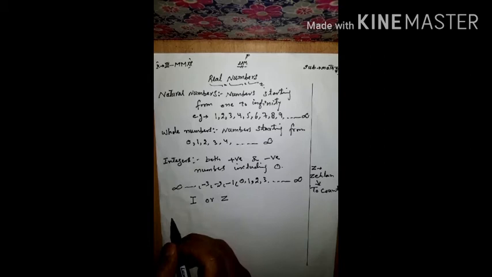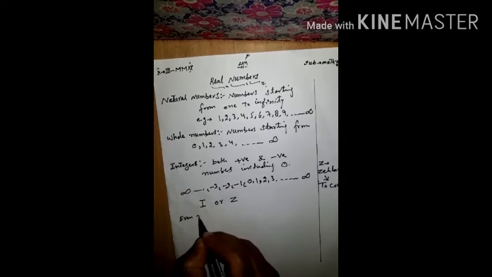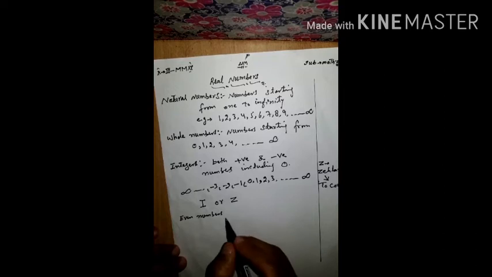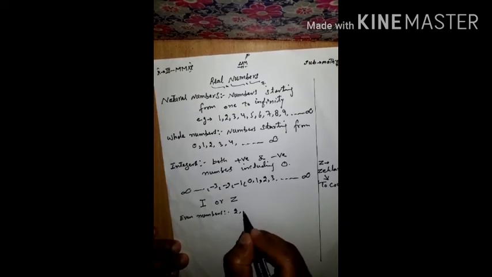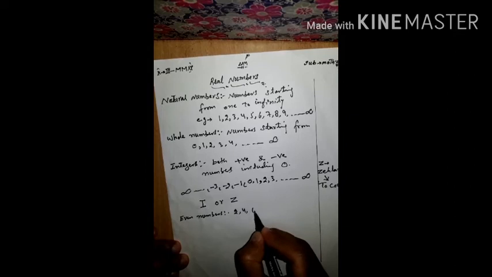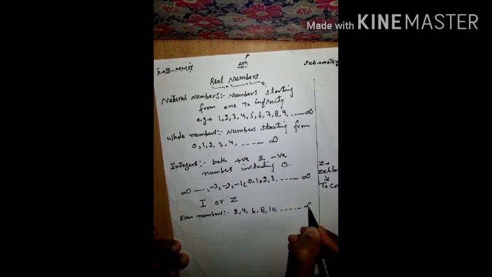Next, we move forward. We have set of even numbers. Now, what are even numbers? Those numbers which are divisible by 2, like 2, 4, 6, 8, 10, up to infinity.